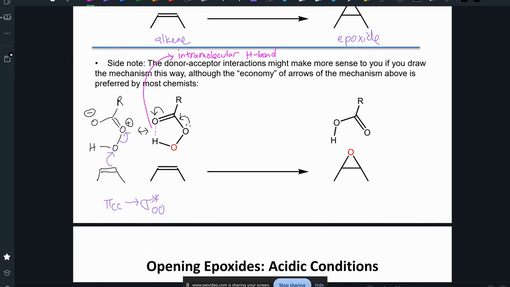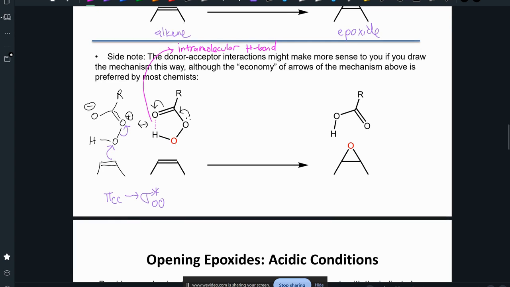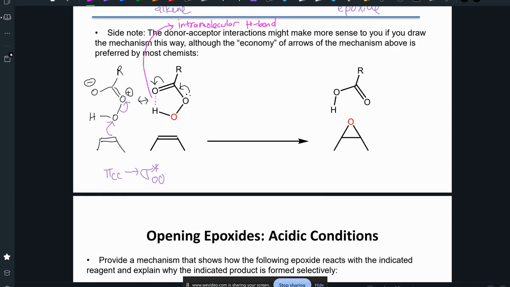That old Gen Chem concept that comes up so much in biology also comes up a lot in organic chemistry. So I have a hydrogen bond there. And I'm going to take that hydrogen bond to the extreme. I'm going to have the oxygen lone pair grab that hydrogen. Now, how is the oxygen lone pair going to grab that hydrogen?